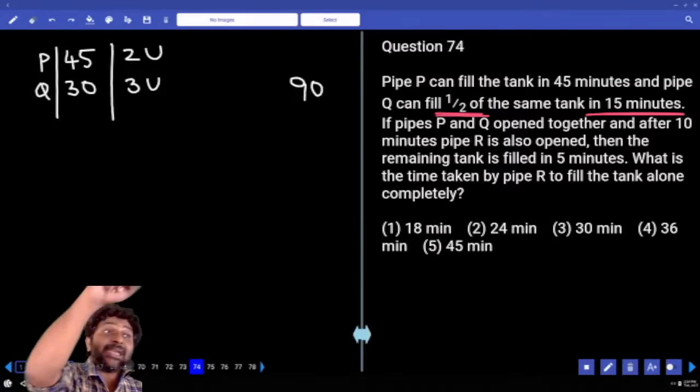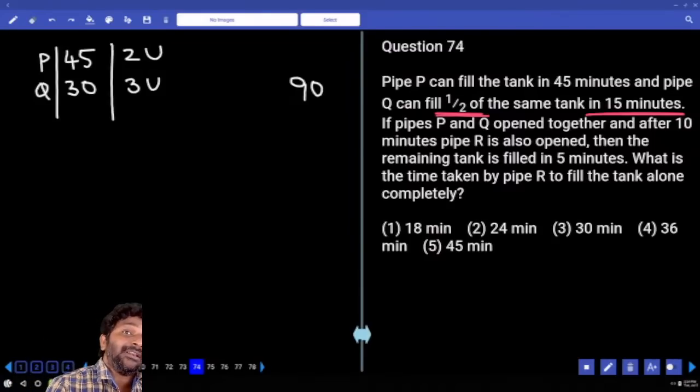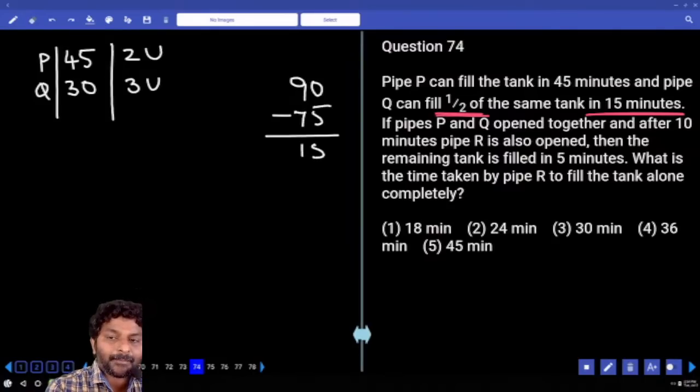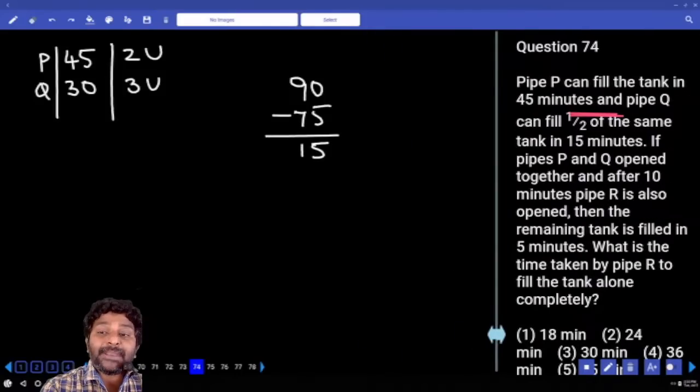That means P and Q are open for total, come on, 15 minutes only. Right, P and Q both together per minute will do in 15 minutes, 15 times 5, 75. Remaining, come on, who completed these 15 units? R. In how much time?